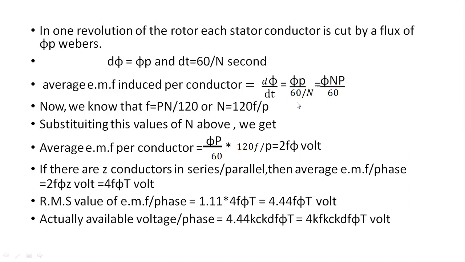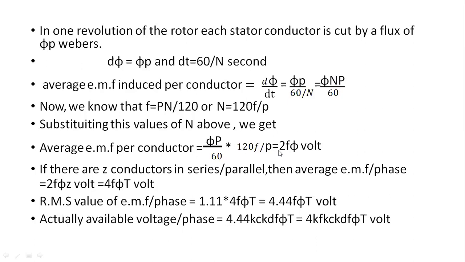Now we know that f equals P N by 120, so N equals 120 f by P, as we know from the induction motor. Substituting the value of N in the above equation, the average EMF per conductor becomes 2 f phi, because in place of N we put 120 f by P, 60 becomes 120 giving 2, and P and P cancel each other.